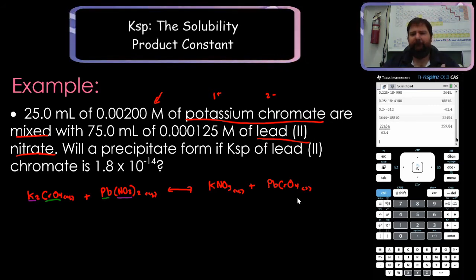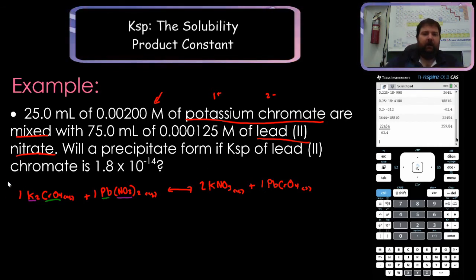All right, let's balance our equation. So we have 1 Pb on both sides. We have 2 NO3s on the left, but only 1 on the right, so let's balance that. Now we have 2 potassiums and 2 potassiums, 1 chromate, 1 chromate. So we're balanced. I'm going to add some 1s in here because I just want it to be done.